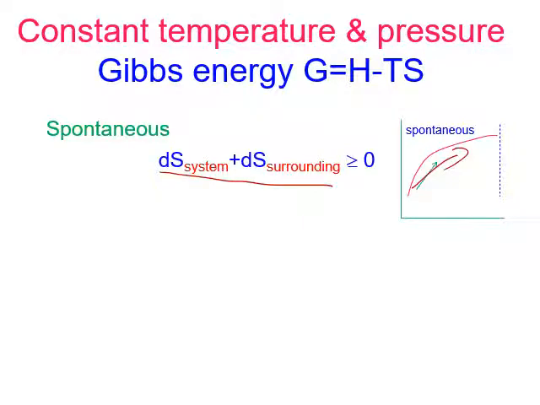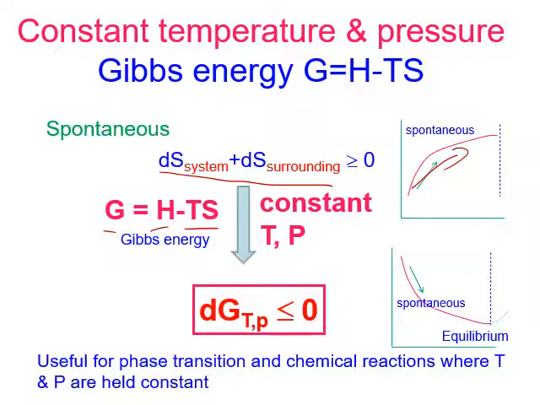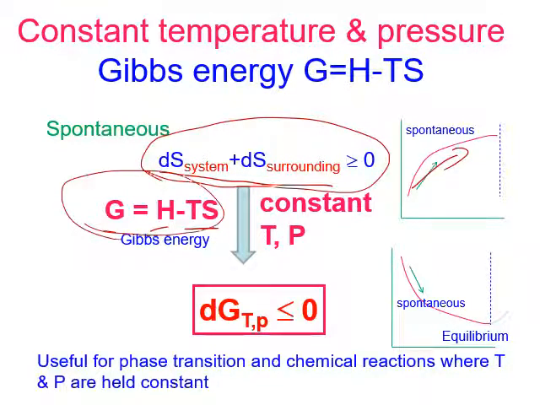If we define a new function called Gibbs energy, which equals H minus TS, then this criterion becomes delta G is less than or equal to 0. So this is the criterion for spontaneity in terms of entropy, and if we introduce the Gibbs energy function, then this becomes the new criterion.